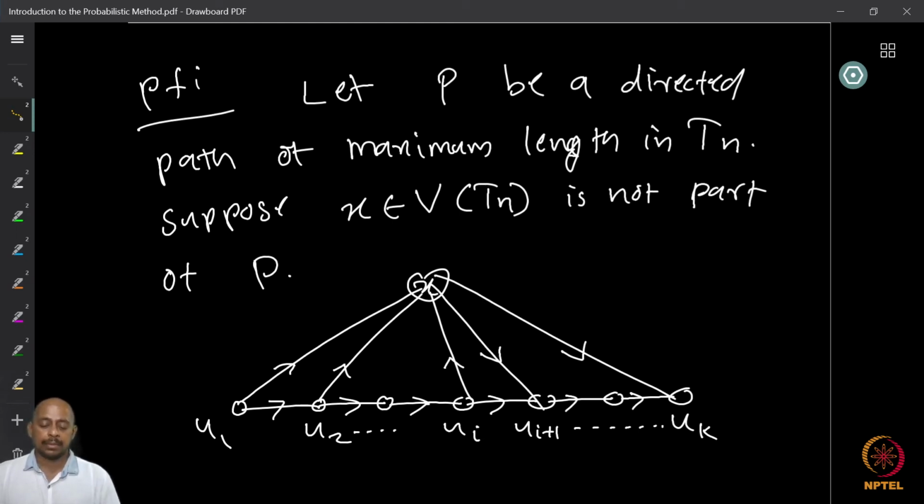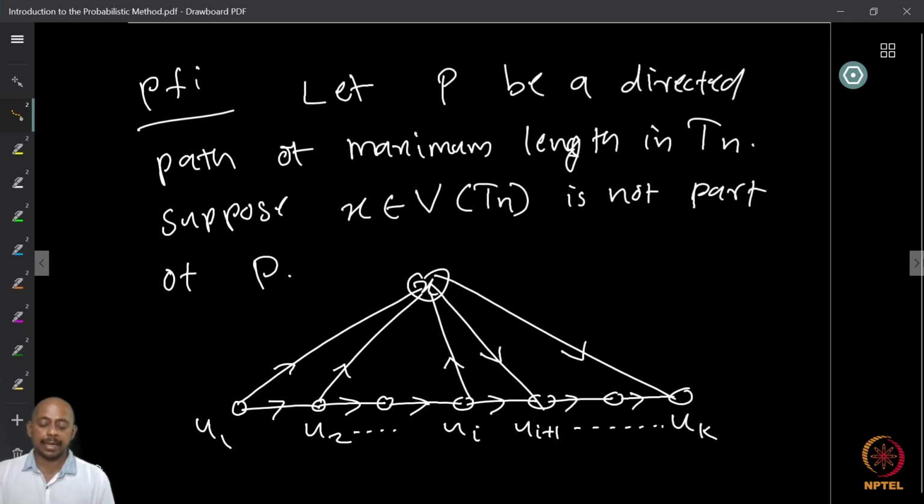Okay, if you thought about it, here is the proof. I have these vertices U1 to UK in the path, and the edges between X and U1 and UK are there. Since the edge is in the direction U1 to X, and X to UK is in the direction to UK, when I go from U1 to UK in the path, at some point the direction must change, from going from UI to X to the next one, X to UI plus 1, because the direction at the endpoint is different.